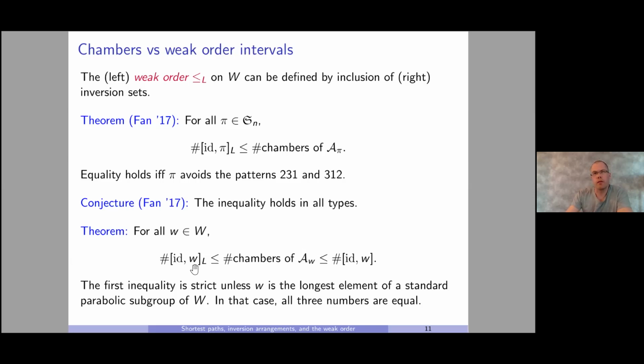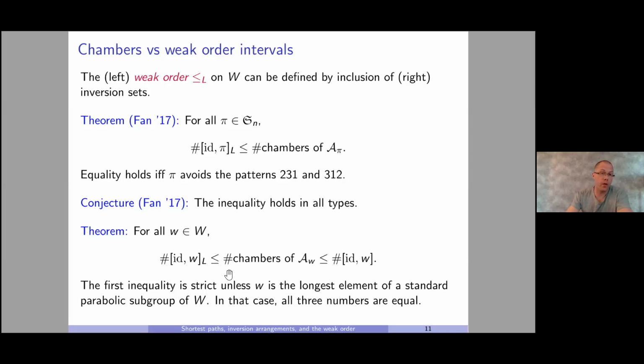Remember that the construction of phi depends on a choice of convex order of the reflections, of the inversions. In other words, it's a choice of reduced expression for the element W. So the construction of phi depends on this choice, and the image depends on this choice. But in all situations, no matter how you make this choice, the weak order interval will be in the image.